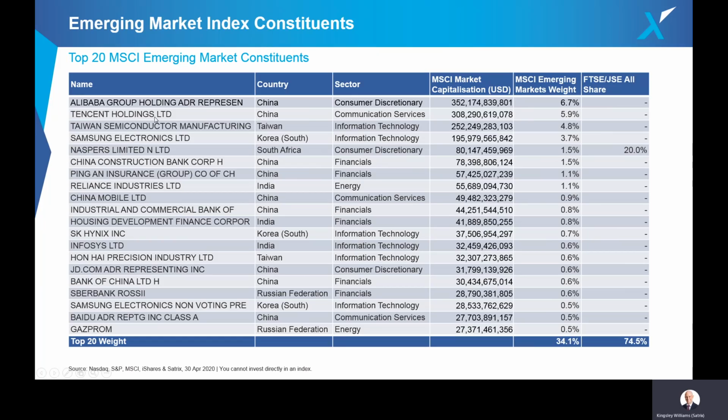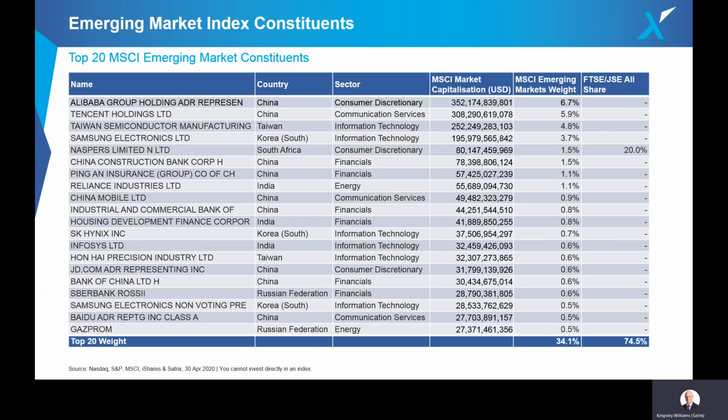What's interesting to note, though, is that there are other large businesses within the All Share that aren't shown here because they are, from an MSCI perspective, classified as developed market companies. They have their primary listing in Australia in the form of BHP Group, Switzerland in the form of Richemont, and Anglo American and British American Tobacco have their primary listings in the UK. And these are large developed market businesses which you actually get exposure to when you invest locally across the JSE.